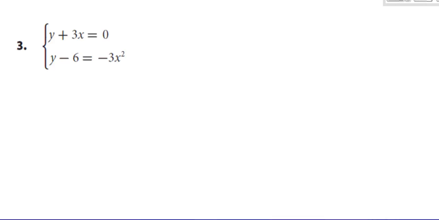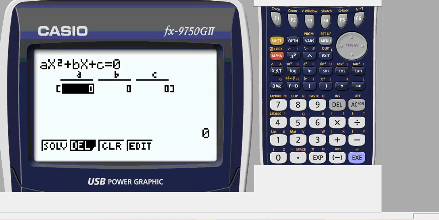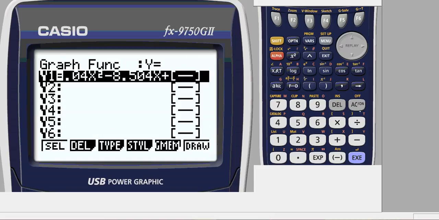So here's our 2 equations. Solve for y, so that's y equals, we would subtract the 3x over. Here we would have to add the 6, so we get y equals negative 3x squared plus 6. So there's our 2 equations. As I mentioned, you could graph them, so you go main menu, graph. And it's 2 separate equations.